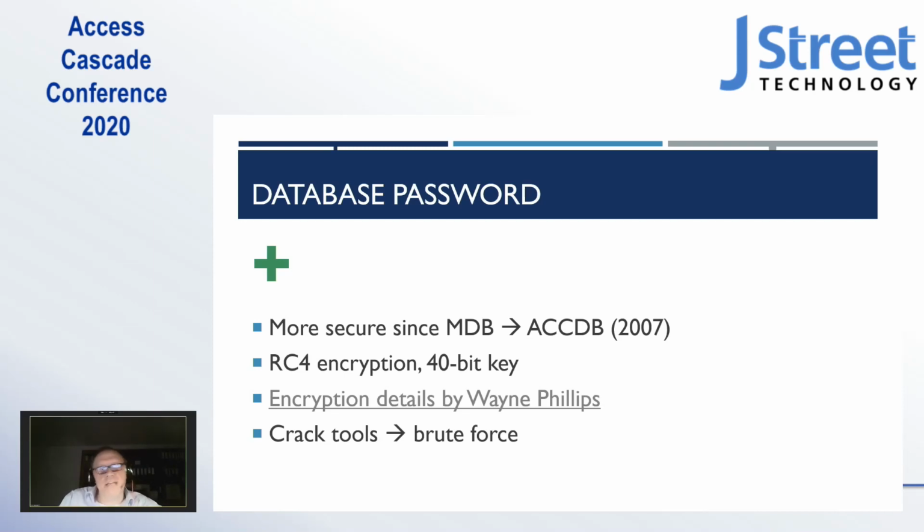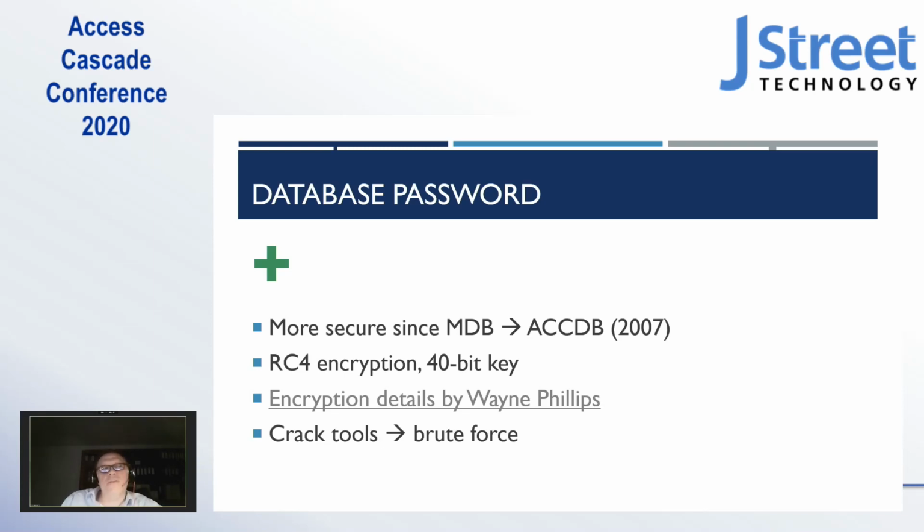That means with Access 2007, it is now protected using an RC4 encryption, using a 40-bit key, and you can extend this key up to at least 128 bits. This is all described by Wayne Phillips, whom many of you may know. We have a link here and you get the slides. You can see a lot of the details. We can't go into detail now, but read his page and there you can see how you can make it even more secure.